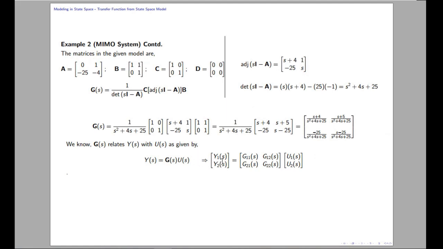We know that G of S relates Y of S and U of S this way, where Y of S is Y1, Y2 because I have two outputs, and U of S is U1, U2 because I have two inputs, and this is the transfer matrix. So this is G11, G12 is this, G21 is this, and G22 is this. We already knew that.